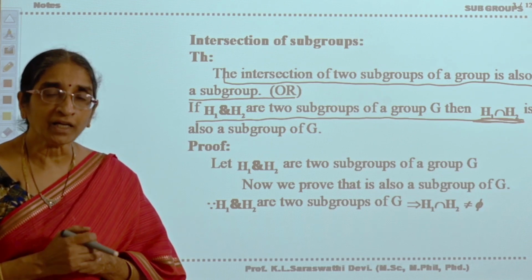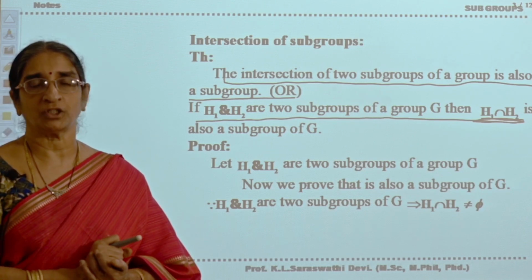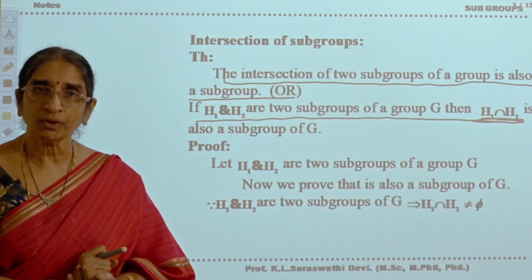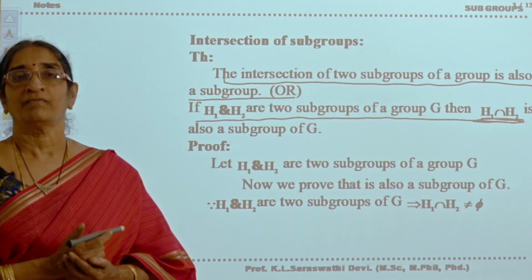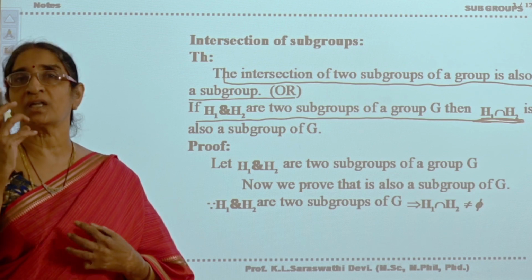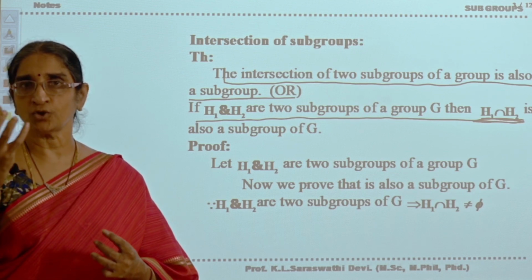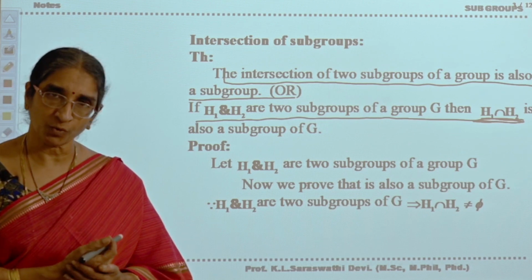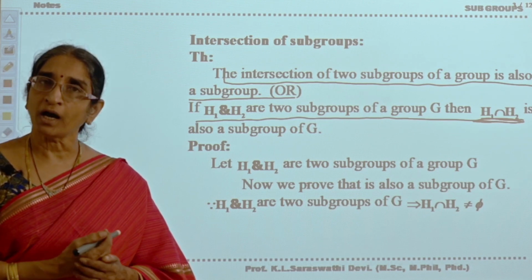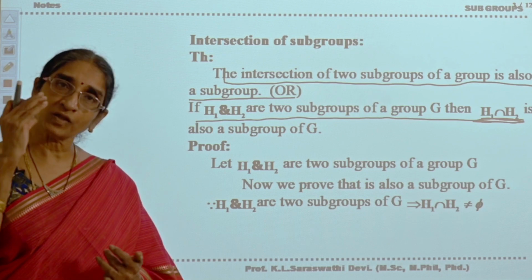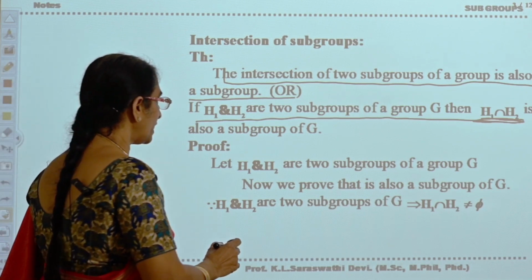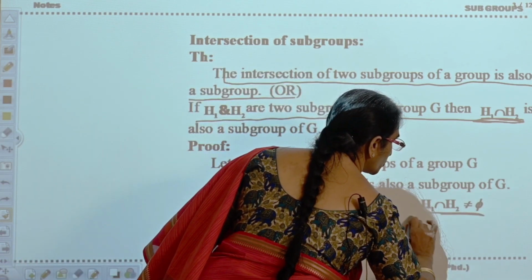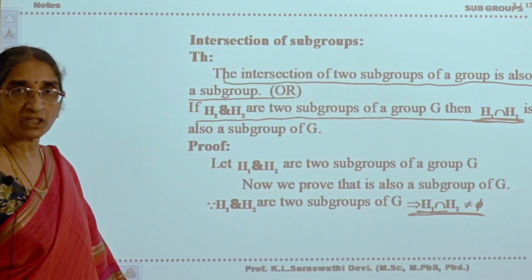In order to take a and b in H1 intersection H2, you have to confirm that H1 intersection H2 is non-empty, because you want to select two elements from it. So I am saying that H1 intersection H2 is non-empty. Can you expect how it is?